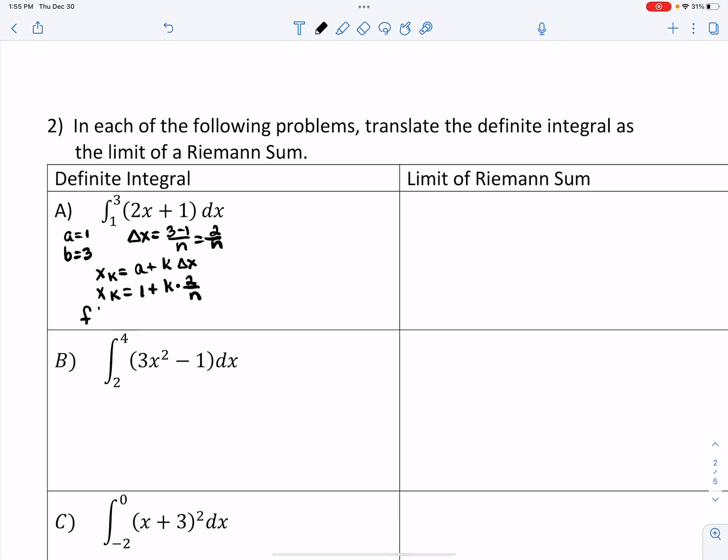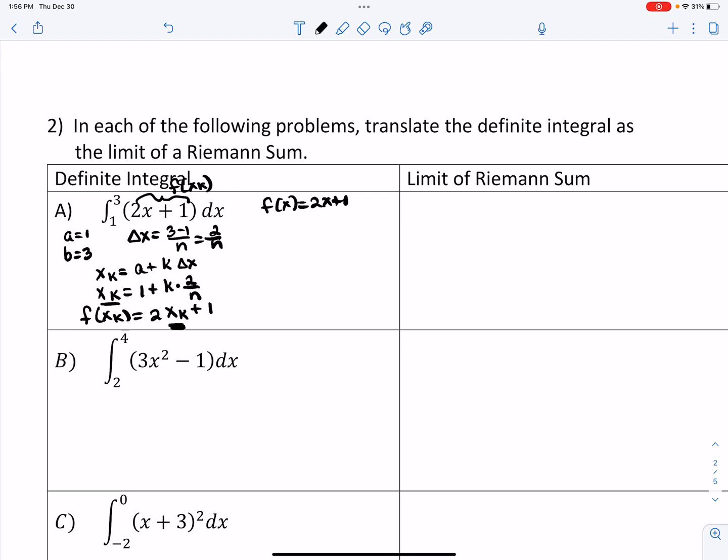Our f of x sub k is the integrand. This is f of x sub k. Always, always, always. That's 2x sub k plus 1. So if f of x is really just 2x plus 1, then f of x sub k is 2 x sub k plus 1.